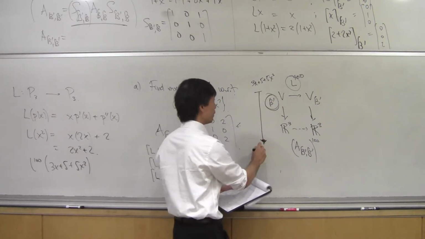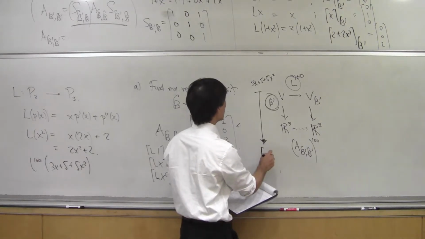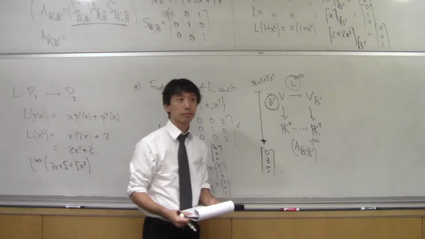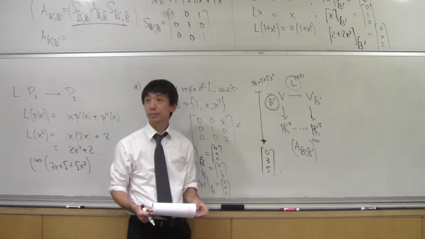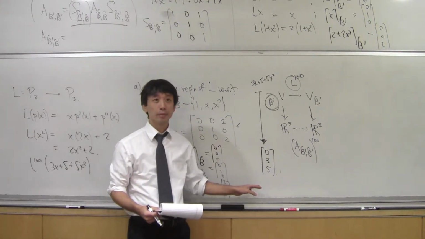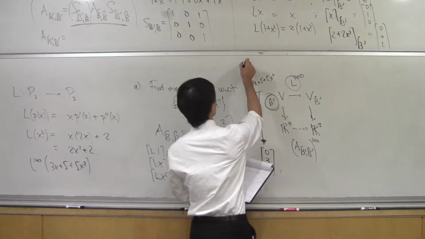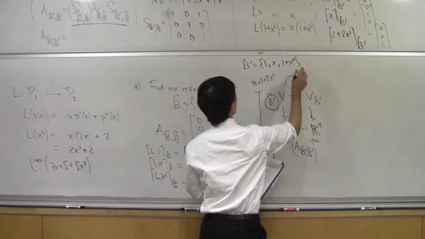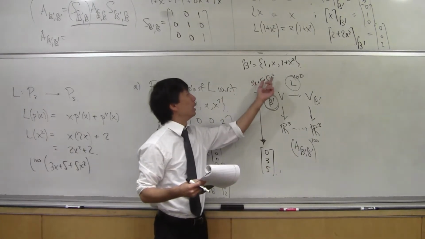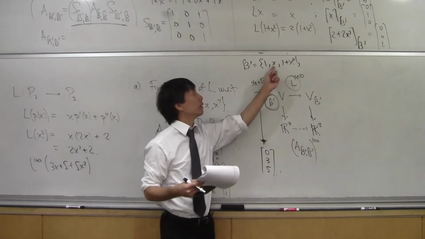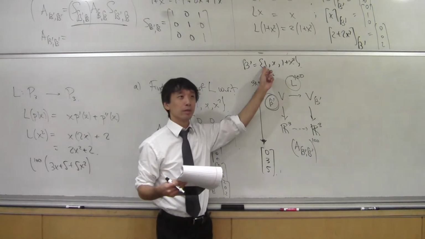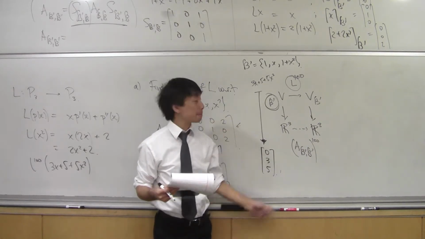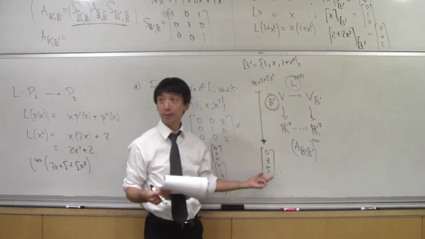Well, its coordinate vector with respect to the B prime basis is 0, 3, 5. Because the B prime basis is 1, x, 1 plus x squared, and this is 5 of this guy, 3 of this guy, and 0 of that guy. There's only one way to express it. So you get 0, 3, 5.